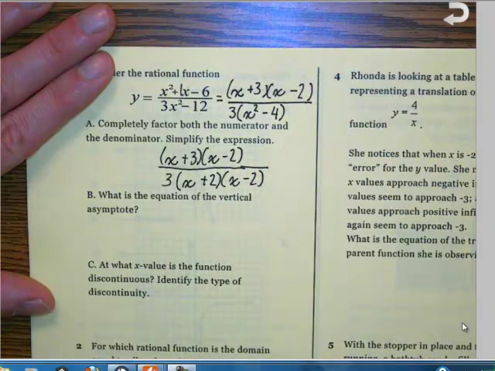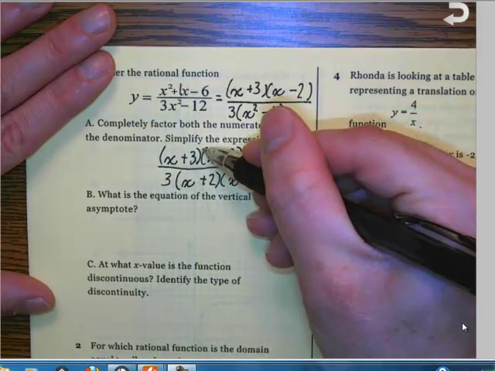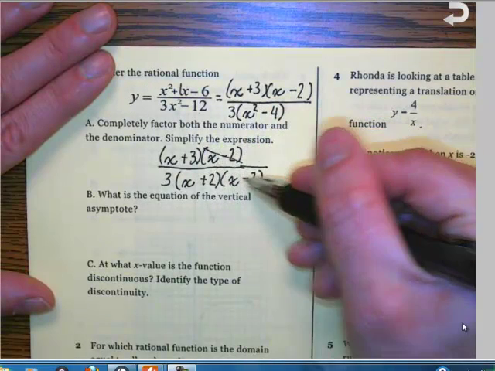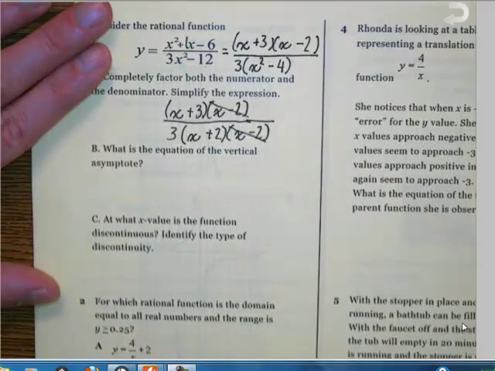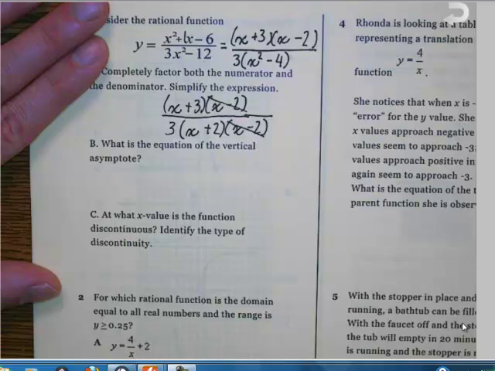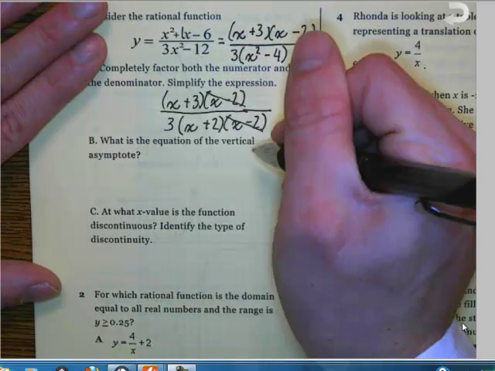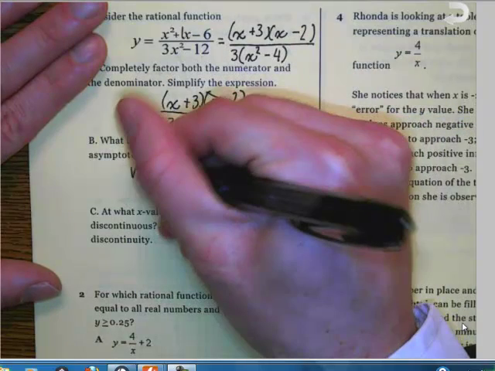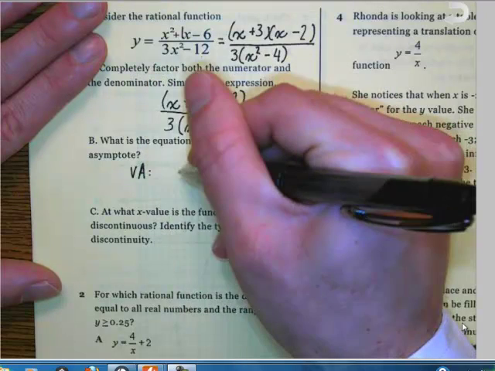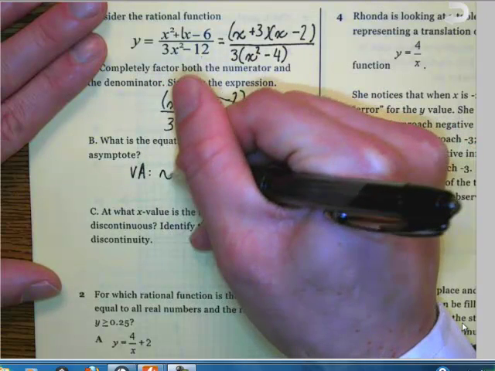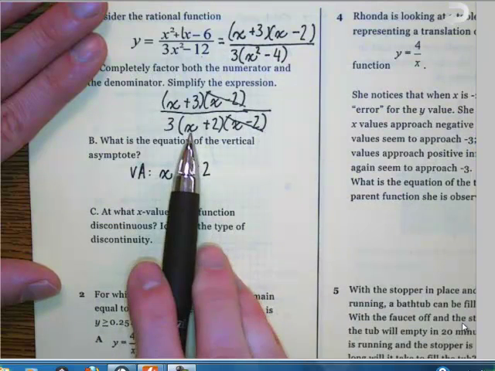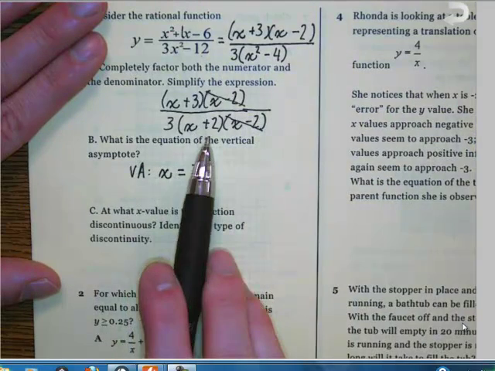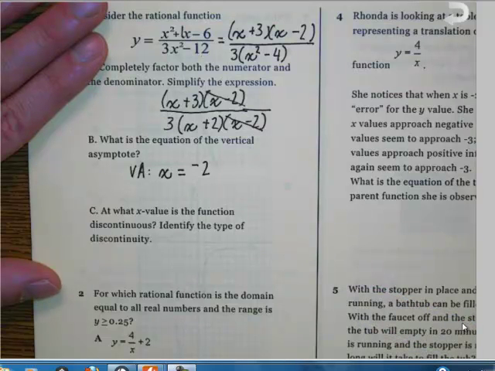Now your equation of your vertical asymptote, we'll get to that in just a moment. These x minus 2's cancel, meaning that you have a removable discontinuity, which answers the C question. And so the equation of the vertical asymptote is where x is equal to -2. That would be if I plug in a -2 here, this becomes 0, and the whole denominator becomes 0.